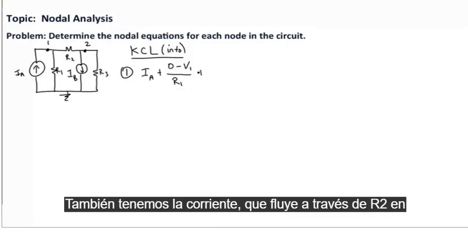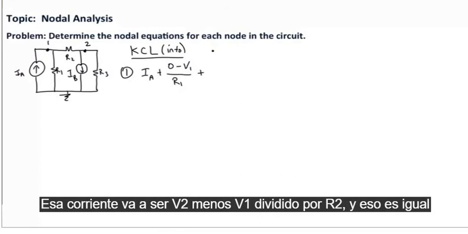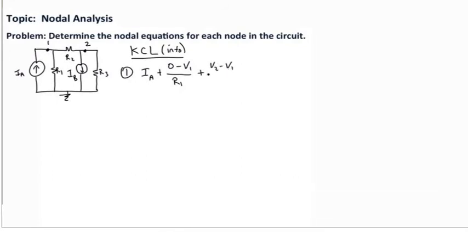We also have the current which is flowing through R2 at the top of the circuit associated with node 1. That current is going to be V2 minus V1 divided by R2, and that's equal to 0.